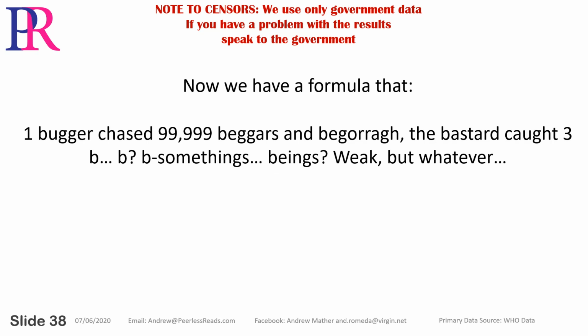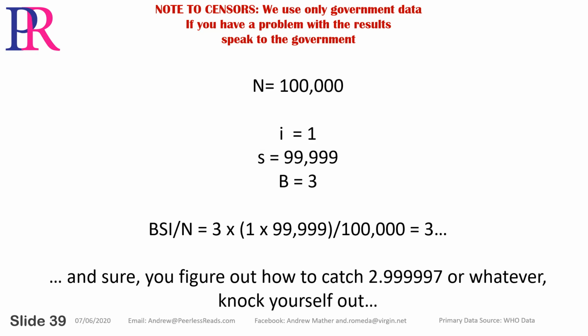Now we have a formula that 1 bugger chased 999 beggars, and Bagora the bastard caught 3 beings, weak, but whatever. N equals 100,000, I equals 1, S equals 99,999, B equals 3. BSI over N equals 3 times 1 times 99,999 over 100,000 equals 3.